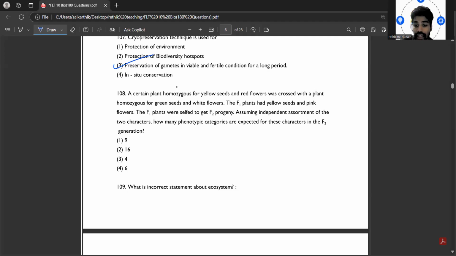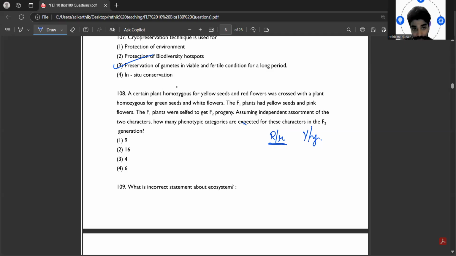So that means RR, Yy. Okay, so if I need to say about parent one, and you need to remember here, this is parent two. What would parent one be here? Capital Y capital R, where parent two will be small y small r. Correct. So what would be the correct answer now?